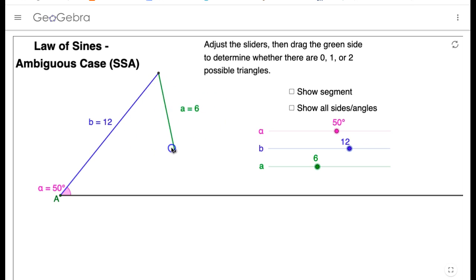But no matter where I drag this side, it's not going to create a triangle. It's not going to connect with this bottom side. That's our first possibility. If I take the sine of A times side B, that's going to be greater than this side. If that happens, we end up not being able to create a triangle.